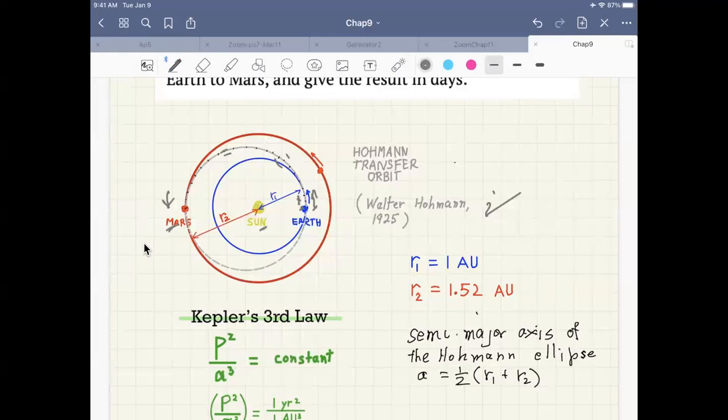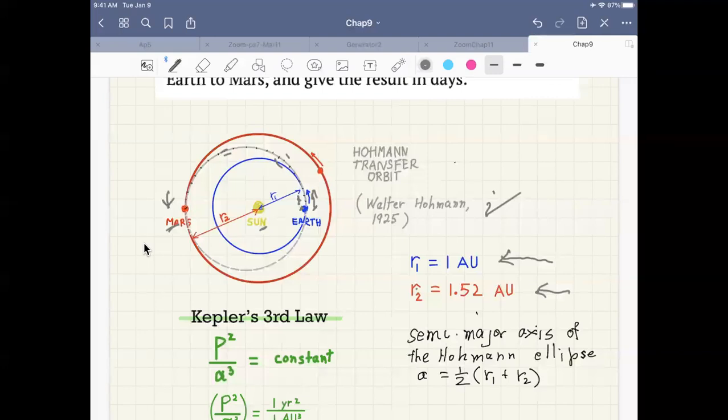So the perihelion is the distance from the Earth to the sun. That's 1 astronomical unit. And the aphelion is the distance from the sun to Mars. That's 1.52 astronomical units. The semi-major axis of the ellipse is 1/2 of r1 plus r2.